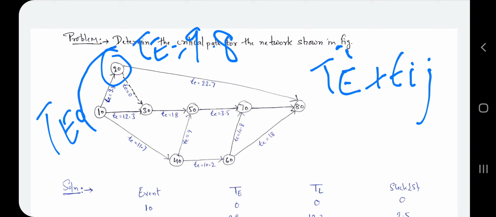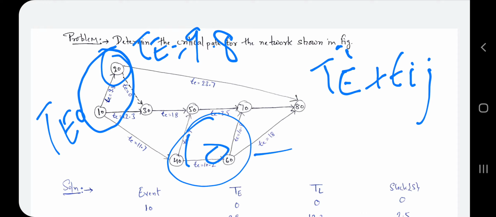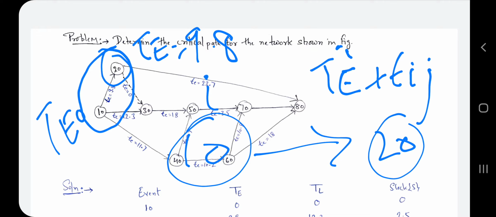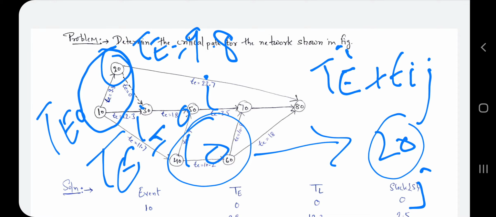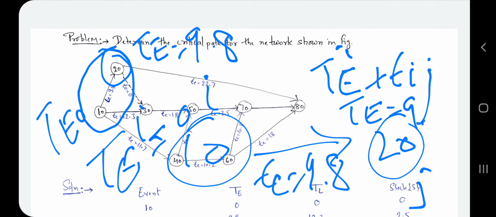For this particular case, if I say event 10 and event 20, this is our I part and this is our J part. We know TEI is equal to 0, and t we have been given as 9.8. That's why here we get TE equal to 9.8.